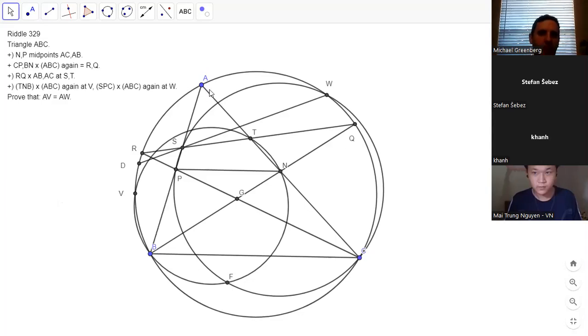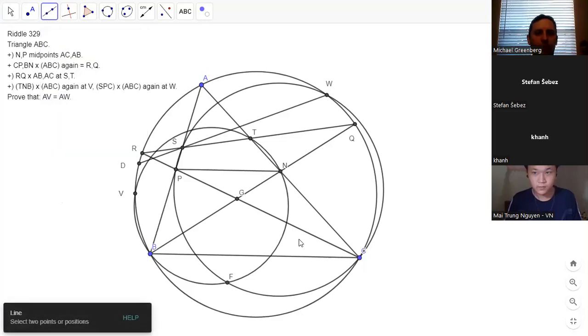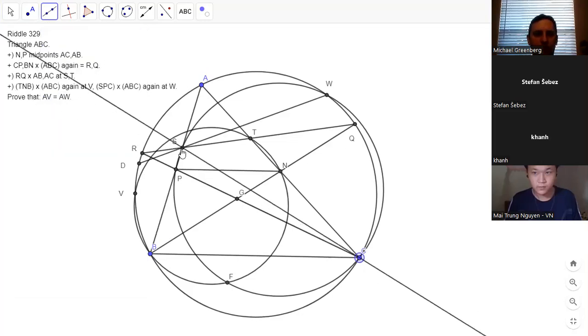And then that would allow us to use harmonic quadrilaterals and stuff like that. So if we do it this way, then we know that ADBC is harmonic, right? And so we could project through point S and then we'd get another harmonic quadrilateral. So yeah, let's stick with W, defining it the original way.